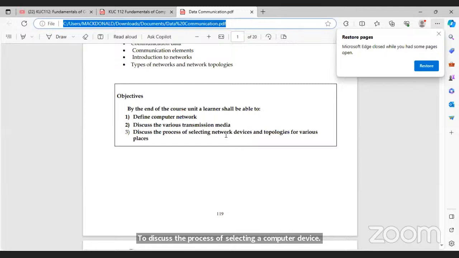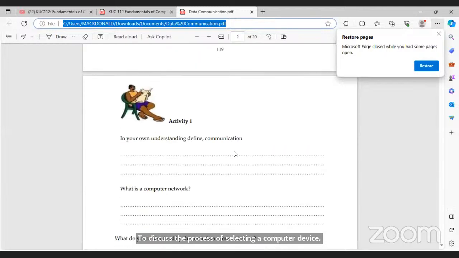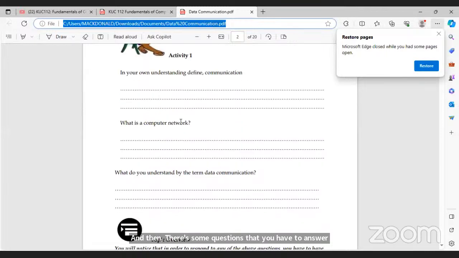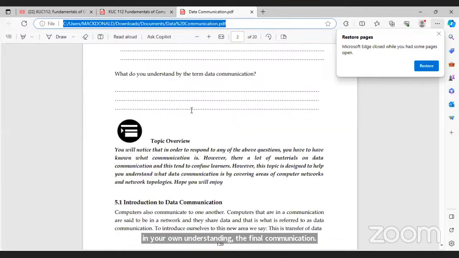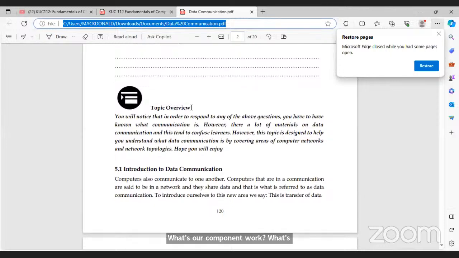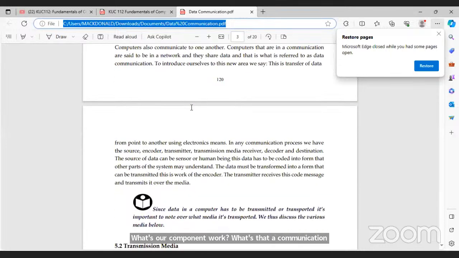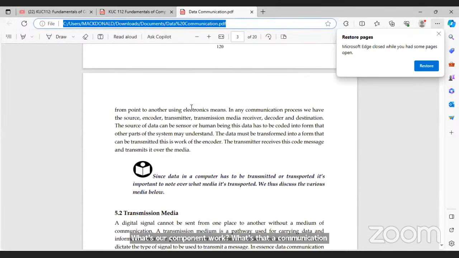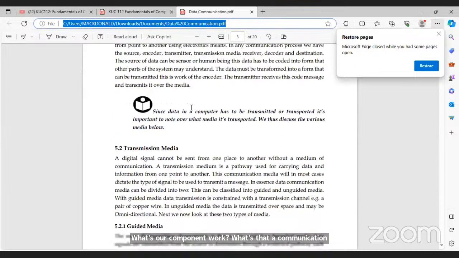There are some questions that you are to answer in your own understanding. Define communication. What's a computer network? What's data communication?